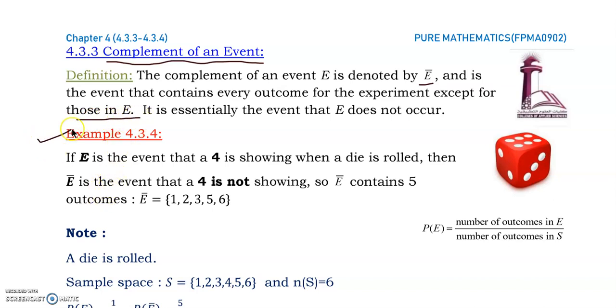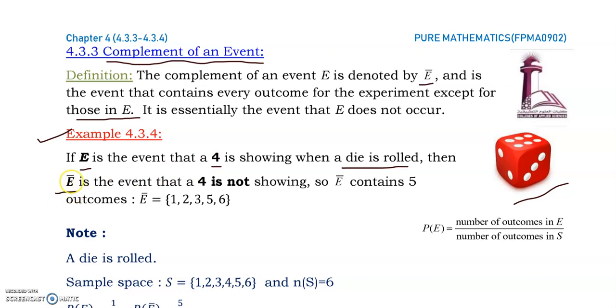You see this example. If E is the event that a face value 4 is showing when a die is rolled. Now, this is a die. We know that we have 6 faces in the die having 6 different values: 1, 2, 3, 4, 5, 6. Now, what is the event E, showing the face value 4? Okay. What is the event E bar?